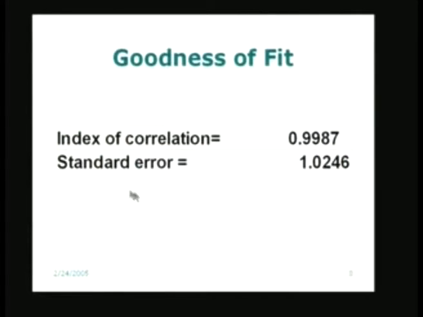I have also calculated the index of correlation myself by using the definition given earlier, and the index of correlation is nothing but the square root of the R squared value, and the square root of a number which is less than 1 will always be more than the other. So this is slightly bigger. So we are getting almost 0.999 index of correlation. The other one was 0.998.